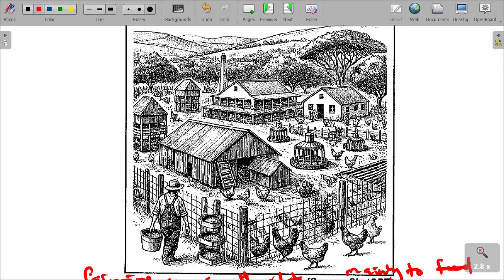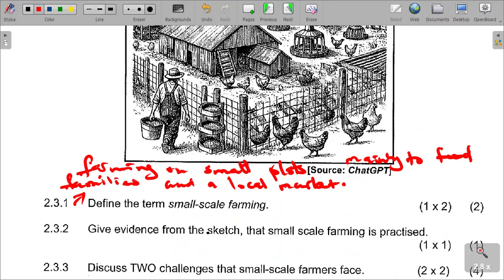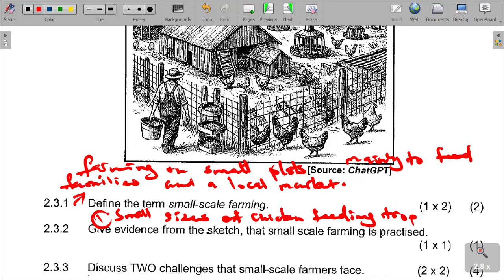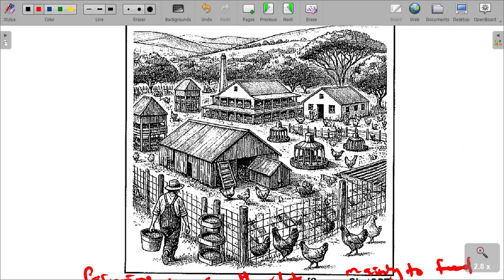We have the small sizes of the chicken feeding troughs, which show that it is small scale farming.